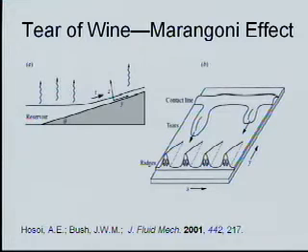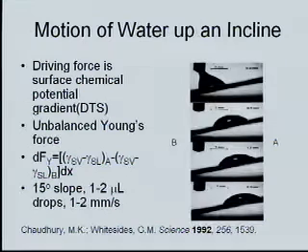Now, this is a little different from what drives the droplets up a gradient: the motion of water up an incline. This is actually driven by different forces on either side of the droplet. The driving force is a surface chemical potential gradient. This can be set up by deposition of a chemical, like Tiffany said.